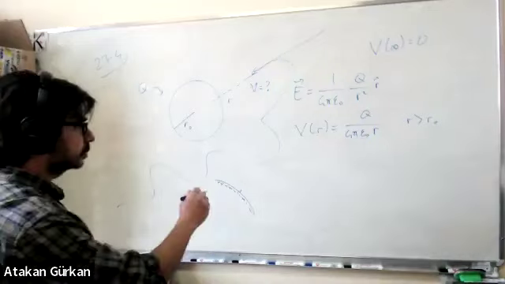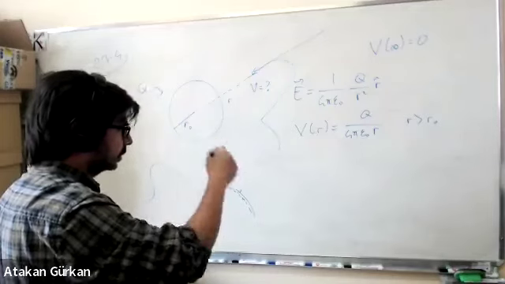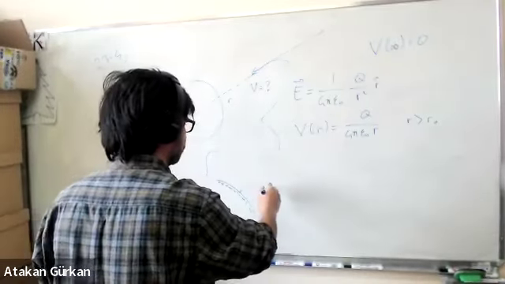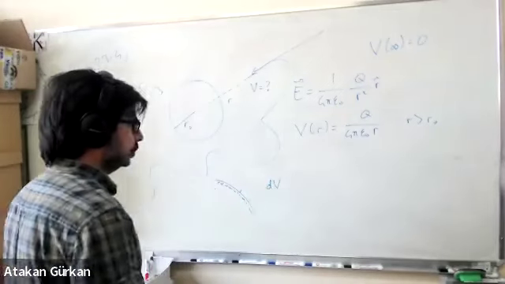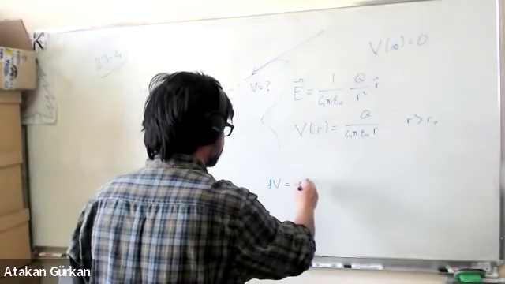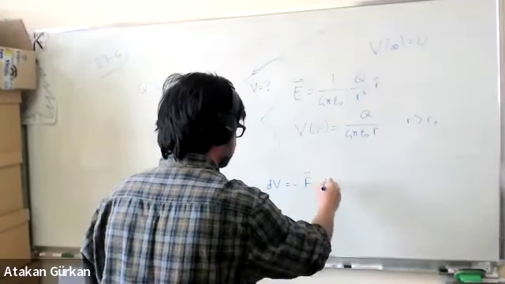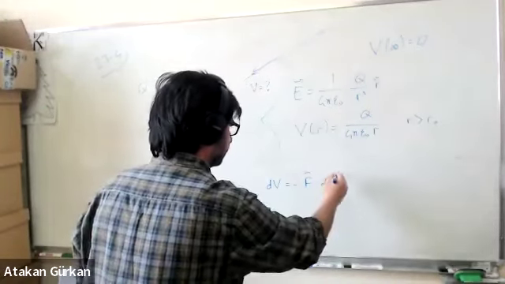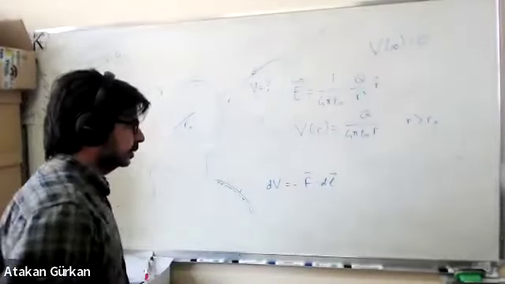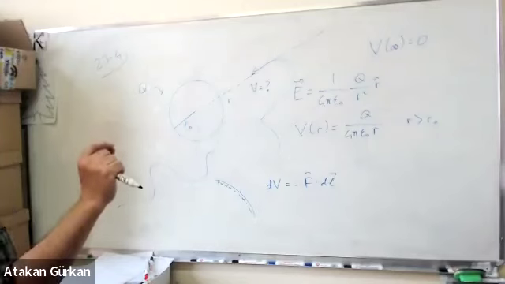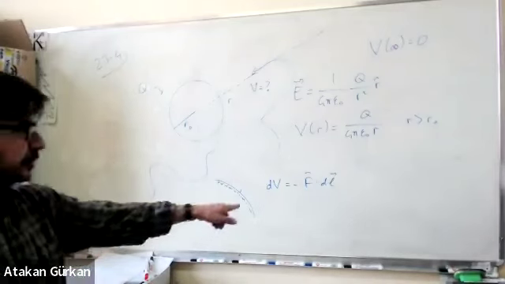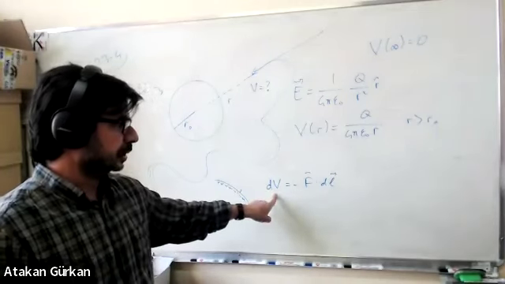Now, if you rewrite the potential integral, we can turn it into a differential form. So as you move between two neighboring points, the change in the potential energy is going to be just F dot dl. So the integral formula is just taking this and integrating both sides. But for two points that are very close to each other, the potential difference between them is going to be this.